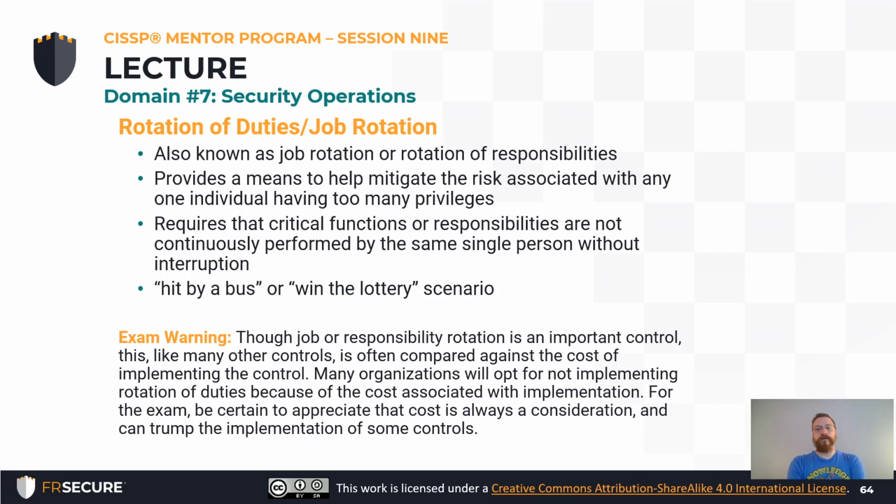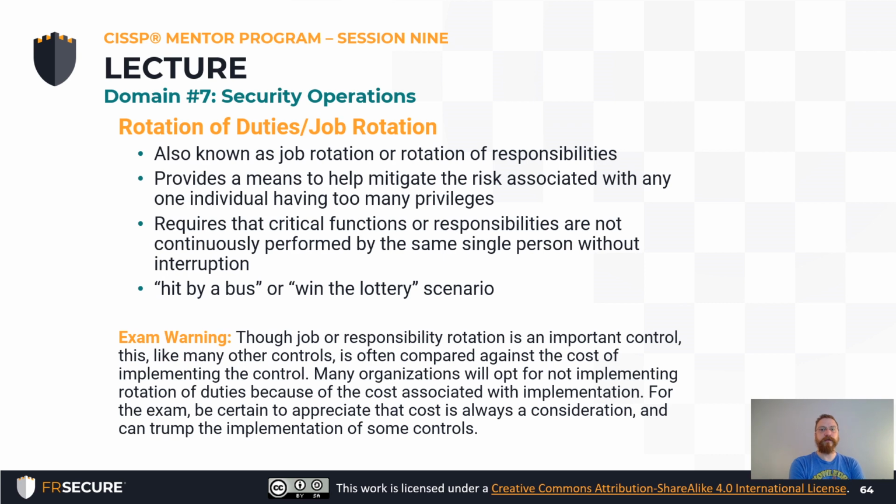It's an important control, but it costs, right? How many organizations can afford to have multiple people doing this and being able to do it? A lot of times it's just not reality. So make sure you look at cost as a consideration. You never want to spend more on the solution than what the risk is presenting.